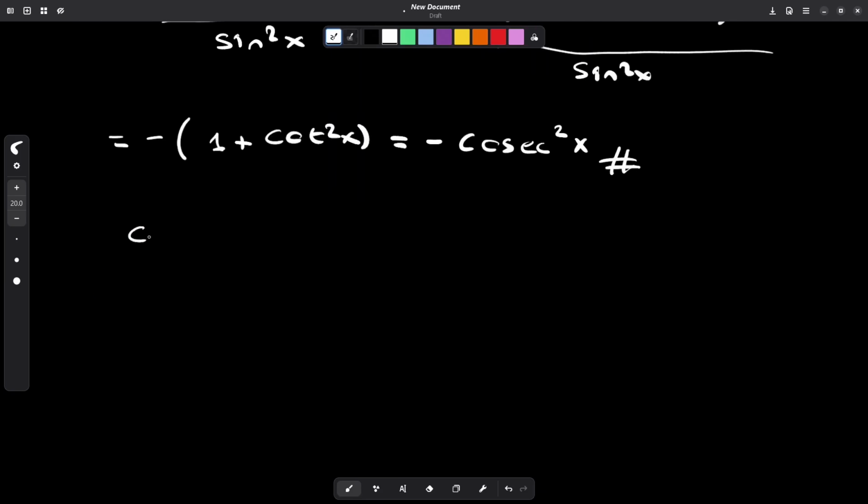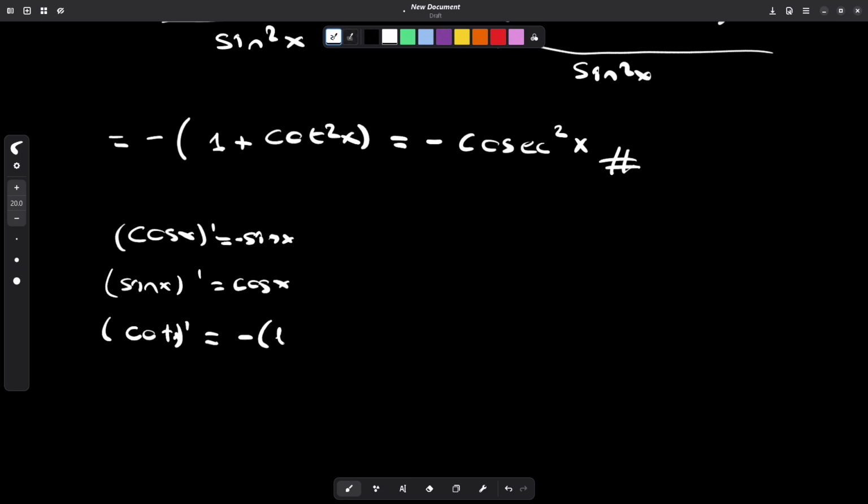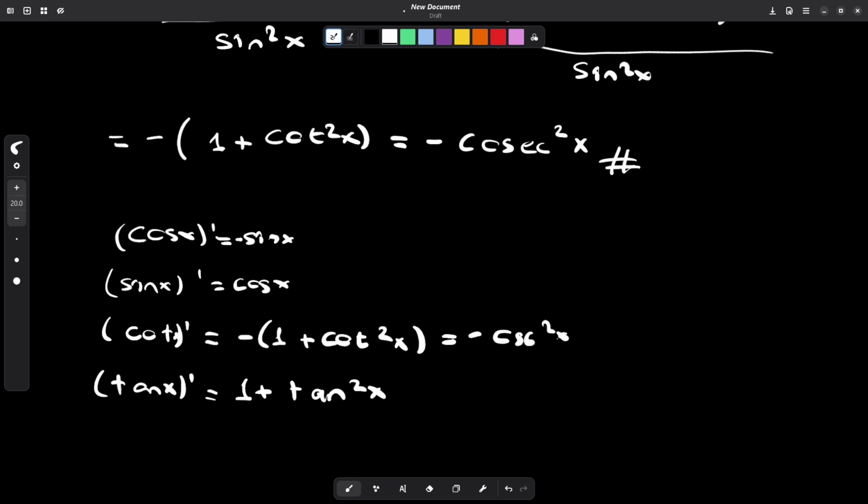If you want to summarize them: the derivative of cosine x is negative sine x, the derivative of sine x is cosine x, the derivative of cotangent x is negative (1 plus cotangent squared x), and the derivative of tangent x is 1 plus tangent squared x. These are equal to negative cosecant squared x and secant squared x.